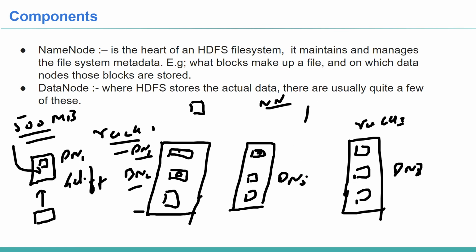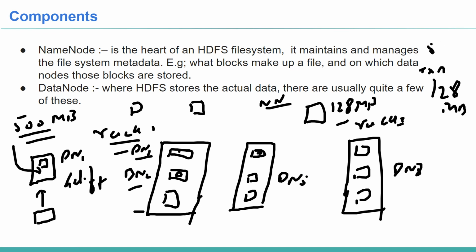So instead of storing all the data in one location, HDFS creates blocks of 128 MB. All the data is not stored in one place, but in blocks of 128 MB each. If we have a transaction file of 500 MB, it will be stored in four blocks of 128 MB each.